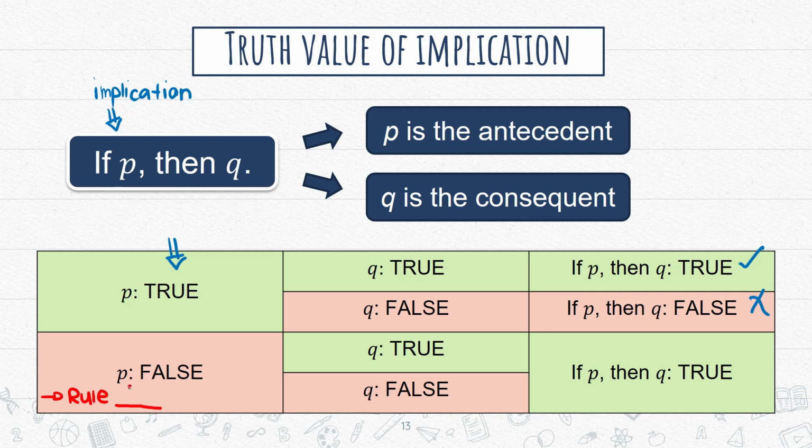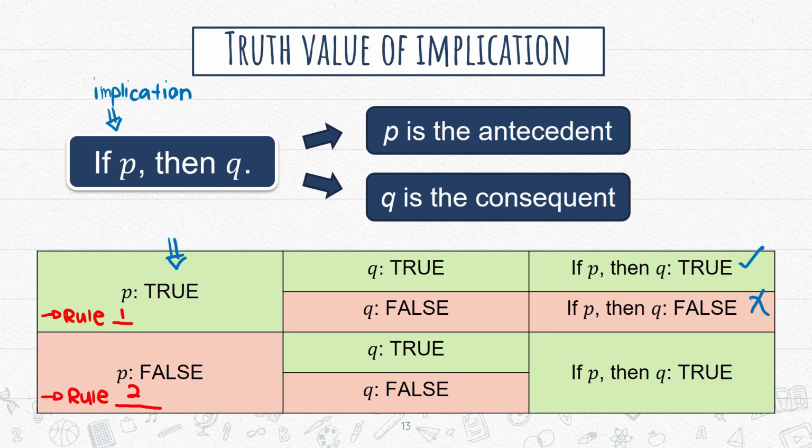Rule number 2 says that if the antecedent is false, then the whole implication is true. That is the difference between rule 1 and rule 2. Up here, if the antecedent is true, this is the application of rule number 1: the consequent also needs to be true for the whole implication to be true.